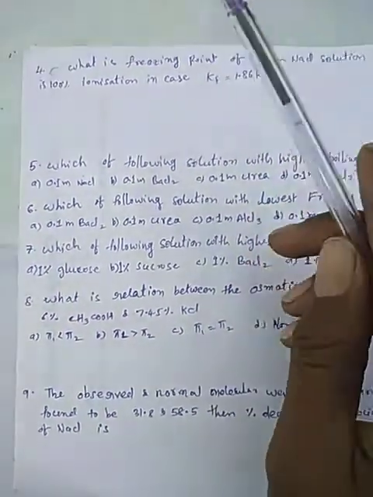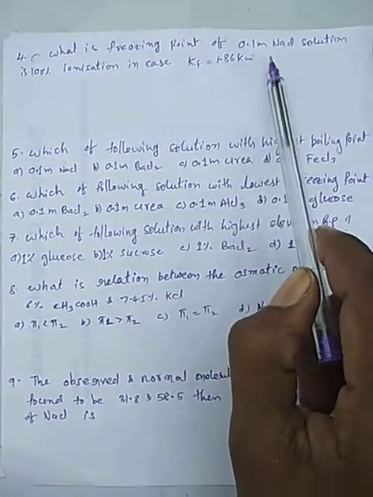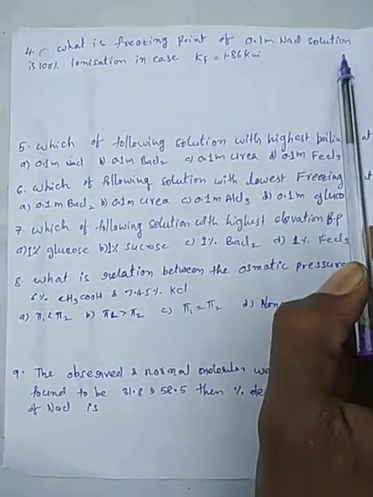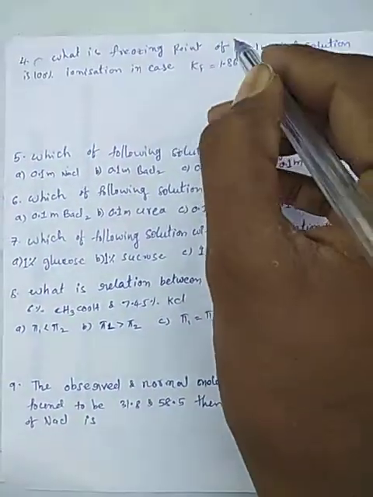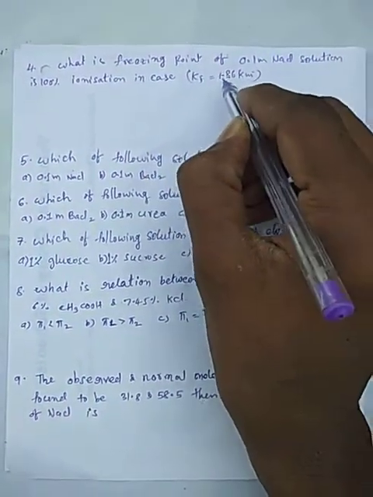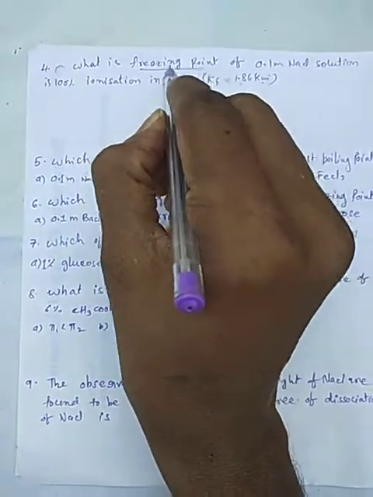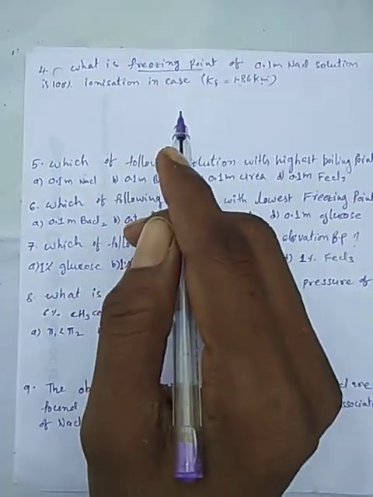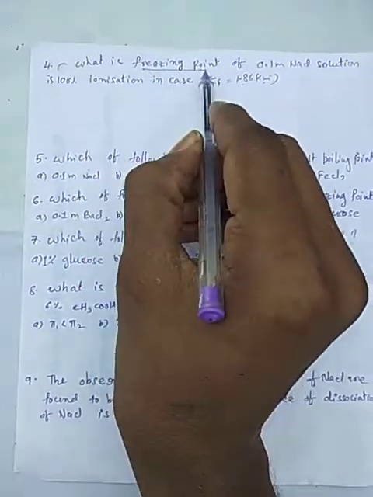See the question number 4. What is the freezing point of the 0.1 molal NaCl solution at 100% ionization, in the case of Kf is 1.86? Now we need to find the freezing point, that is Tf.